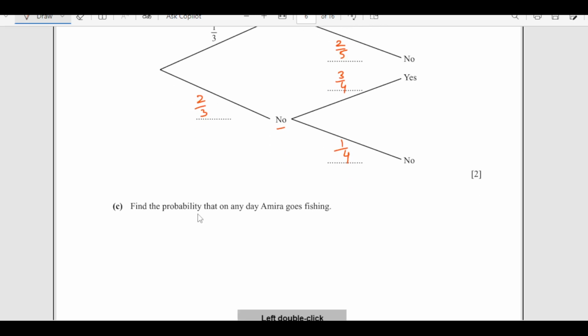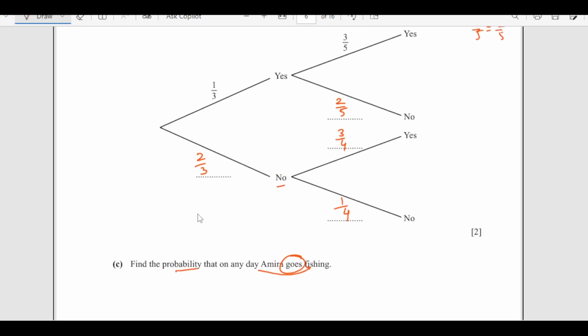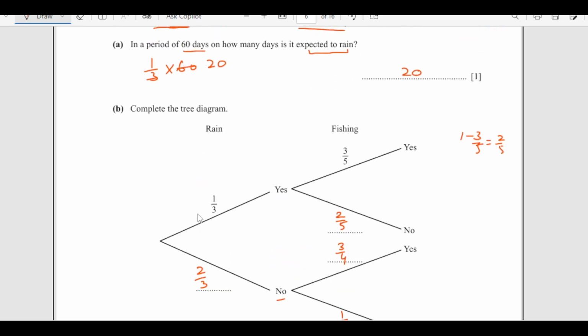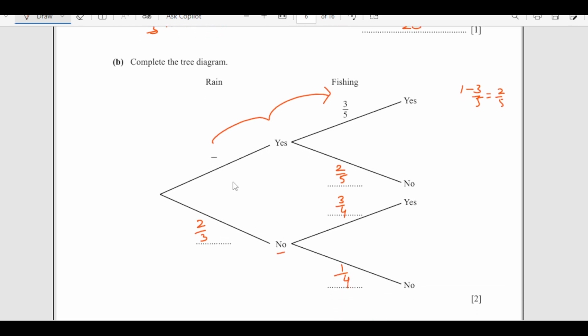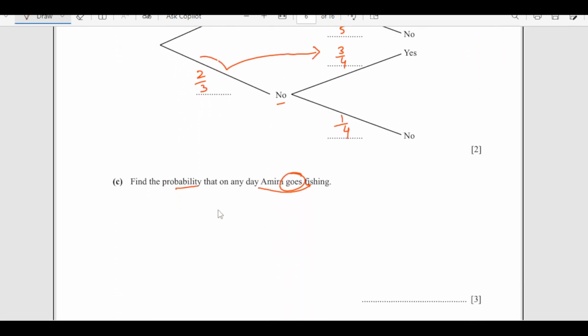Now find the probability that on any day Amira goes for fishing. So any day goes for fishing, so we are going to have 1 over 3 times fishing, then this is also 2 over 3, and then she goes for fishing is here 2 over 3. From here we are going to go this one, and the one is here, so we are going to multiply that.